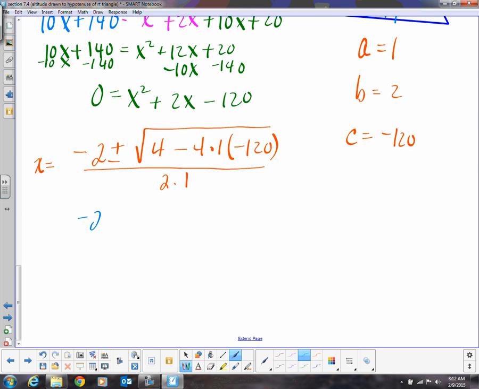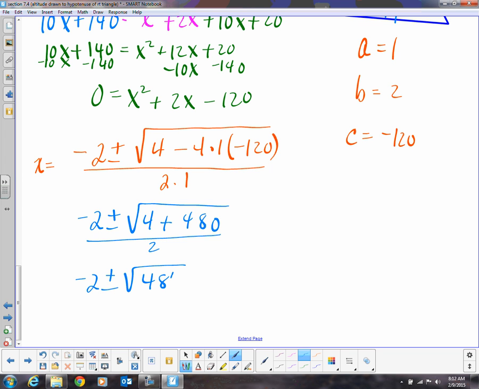So that's negative 2 plus or minus the square root of 4 plus 480 all over 2, which is negative 2 plus or minus the square root of 484.